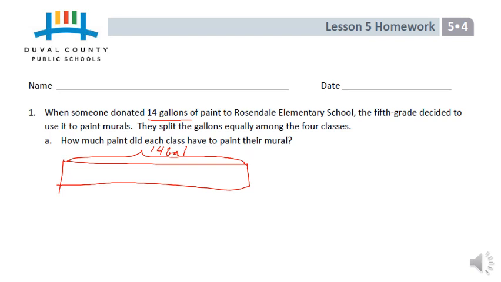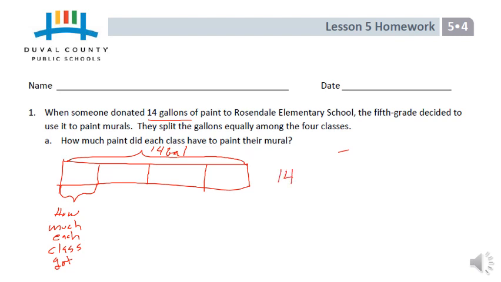And it said they split it up equally between 4 classrooms. And they're wanting to know how much each class got.